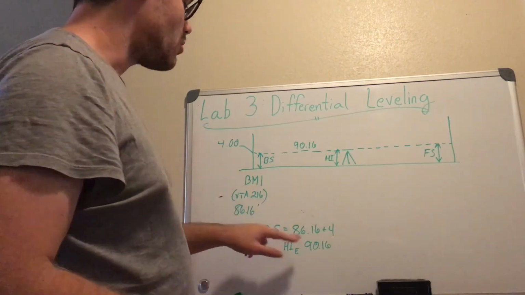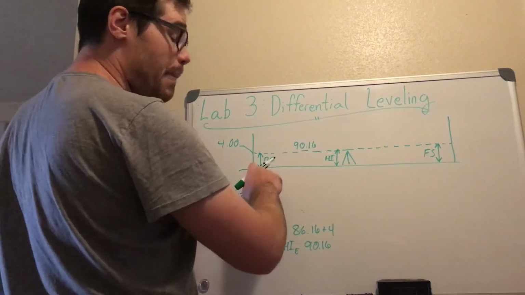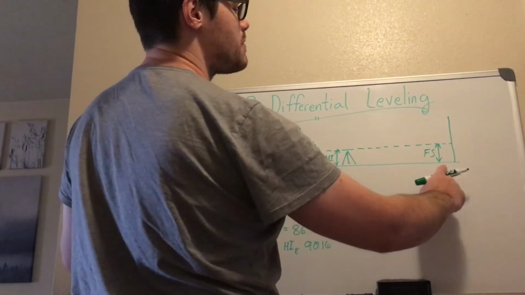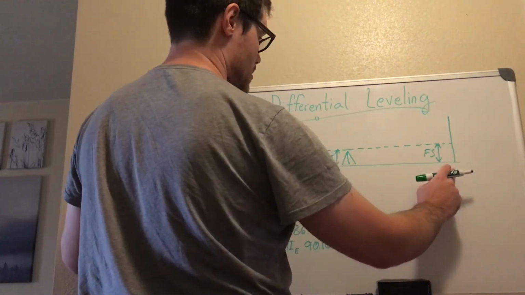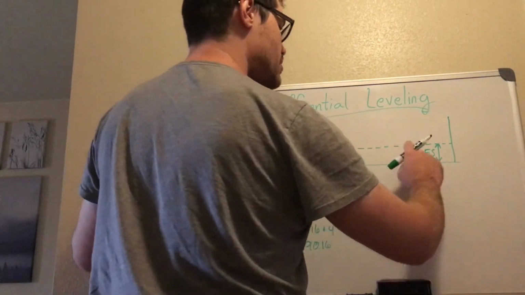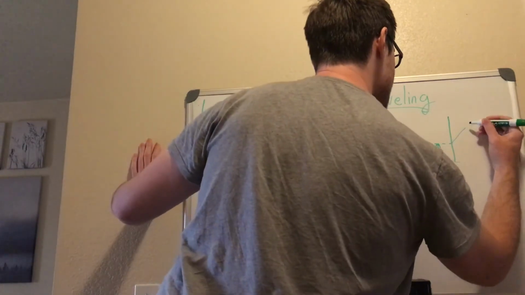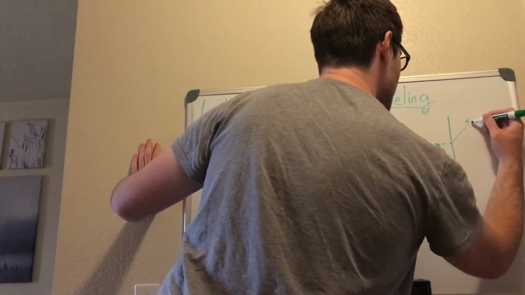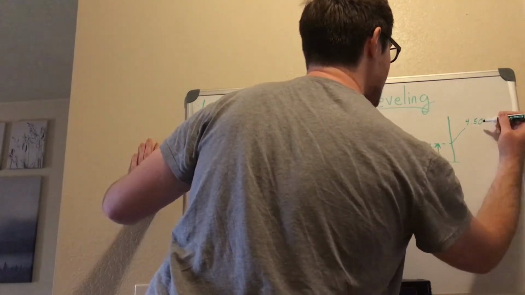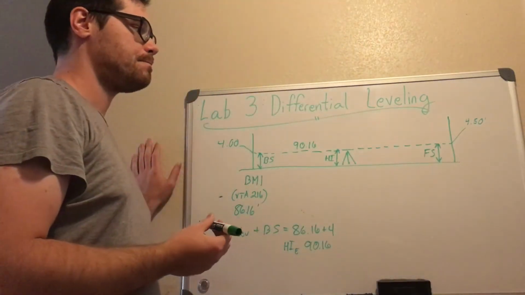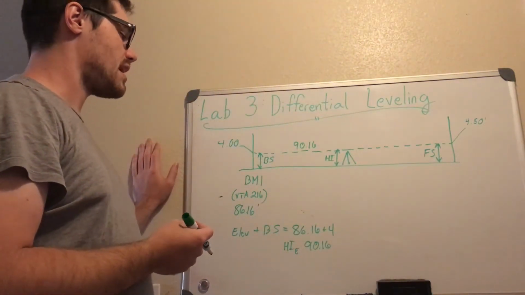Okay. Once we do that, we shot our backsight. Now we have to get a measurement for this foresight. Okay. So we'll once again do this, and we're going to say that this one comes out to be 4.5 feet. Okay. Because we don't want them to be the same. That makes it too easy.